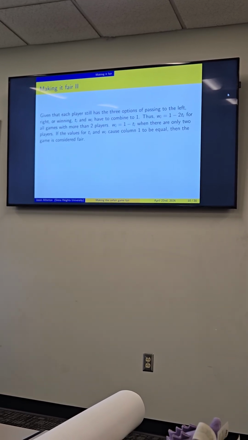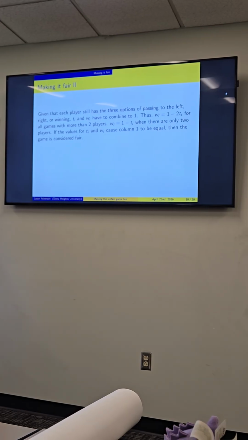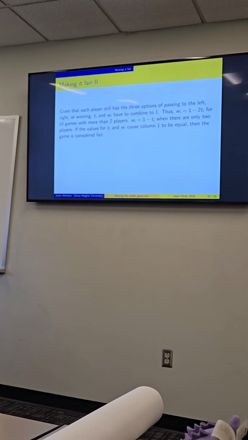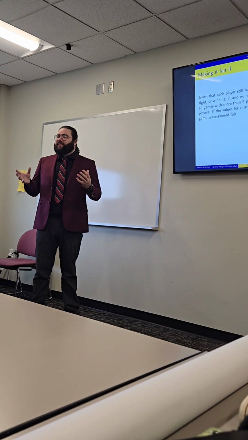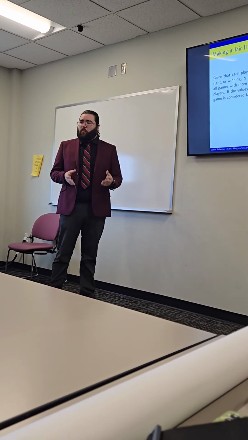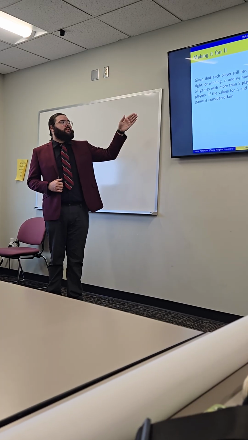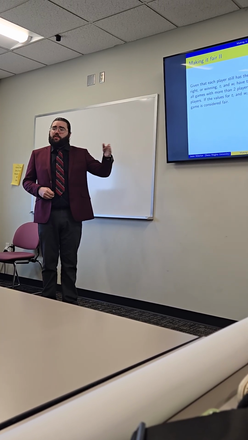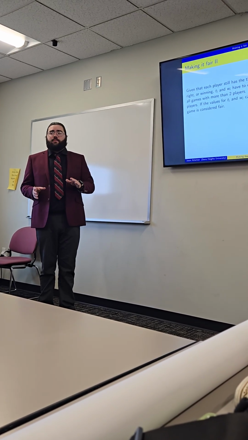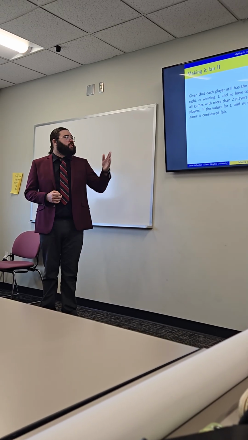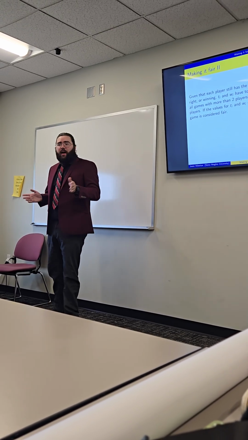And so we want to look at how the winning chances relate to the passing probability. The winning chance is 1 minus the passing chance. That's why when there are more than 2 players, we have W_i equals 1 minus 2 T_i. Well, when there are only 2 players, you can only pass to the other player. So it ends up being W_i equals 1 minus T_i.